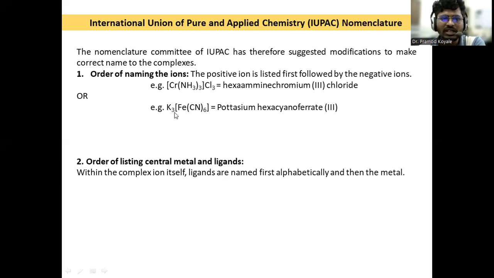It means that if there are 3 potassium, there is no use of writing tri potassium. It is only potassium. Similarly for the 3 chlorine, there is no need to write 3 chlorides or trichloro. It is simply chloride. This applies only for the counter ions.